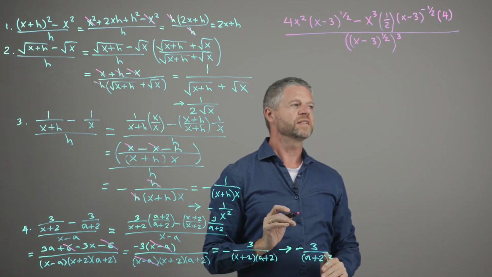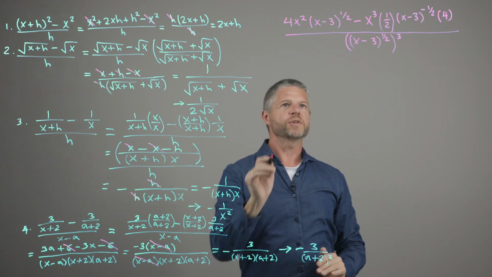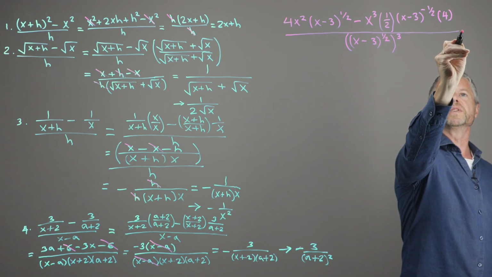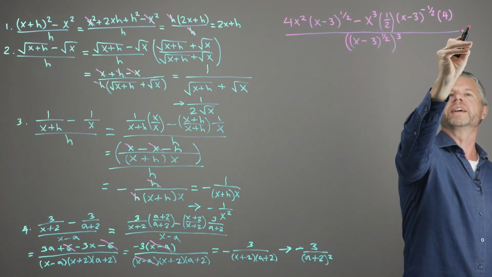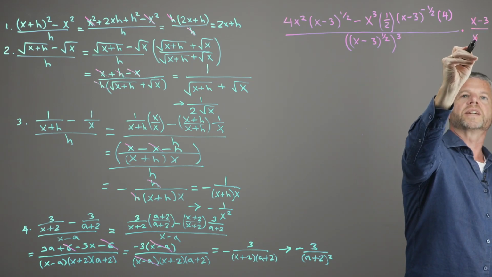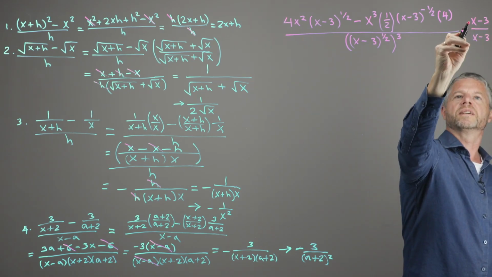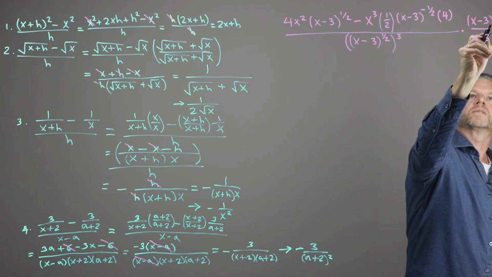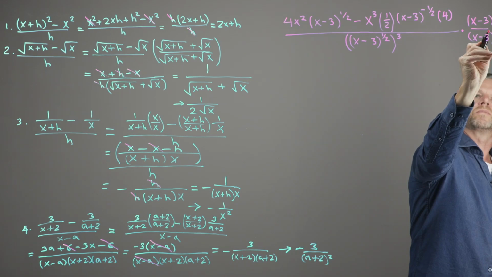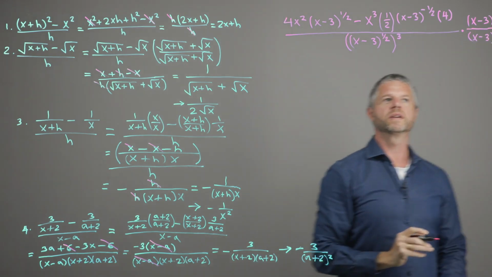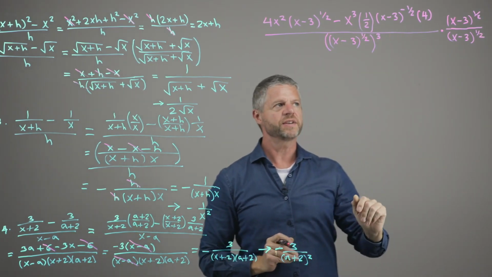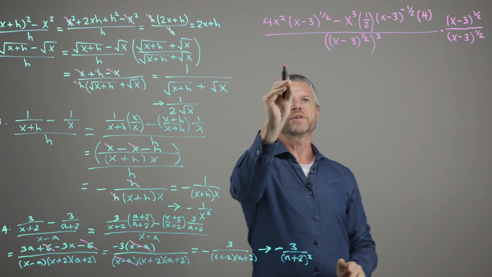So let's see if by doing that we can make any progress. Essentially what I'm going to do is multiply this whole thing by x minus 3 to the half over x minus 3 to the half, because I'm just multiplying by 1, so I'm not changing the value of this expression, but hopefully I can make some progress.